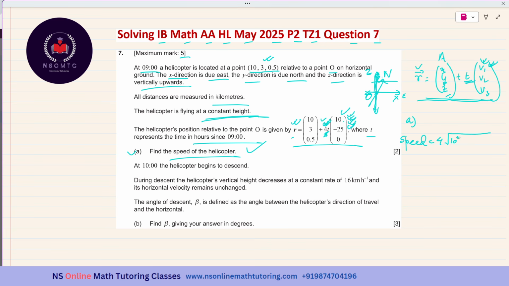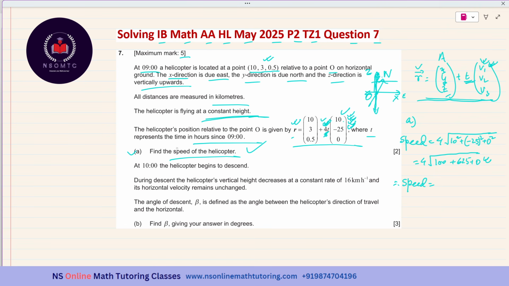So it is the square root of 10 squared plus negative 25 squared plus 0 squared, which is equal to 4 times the square root of 100 plus 625 plus 0. Of course, we can use the calculator, but you can also give the exact answer, which is equally valid.